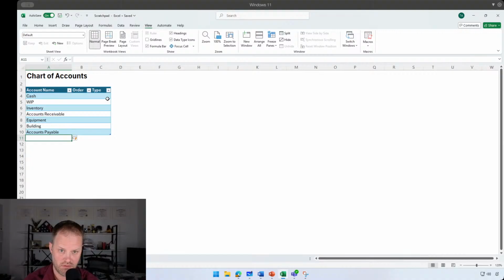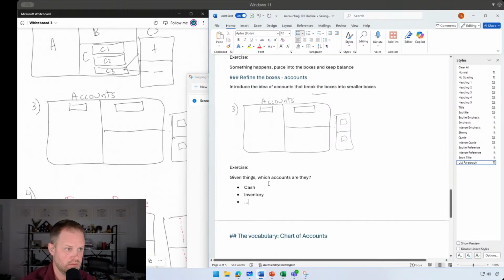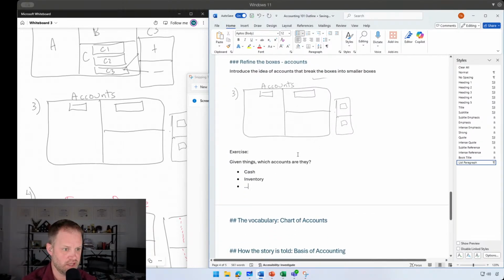Accounts payable. I don't know if I want to build all this out right now. Whatever, I'm going to come back to this. I don't want to get too deep in that right now. So we'll establish the base set of accounts.